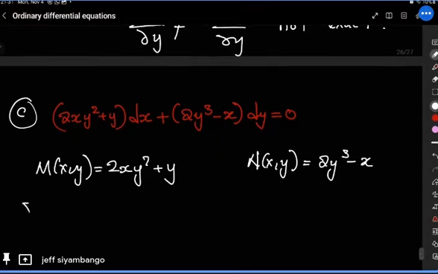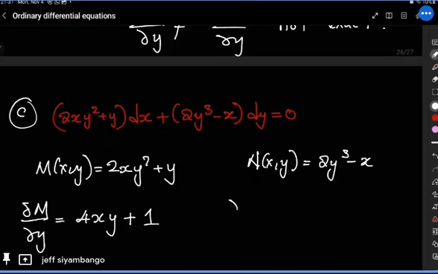Get partial M, partial y. Y is the variable, so the 2 multiplies to give us 4x, y remains power 1, and the y gives just 1 here. Let's get partial N, partial x. The 3 multiplies, this is a y, but with respect to x that is a constant, so that is just going to be 0 there.